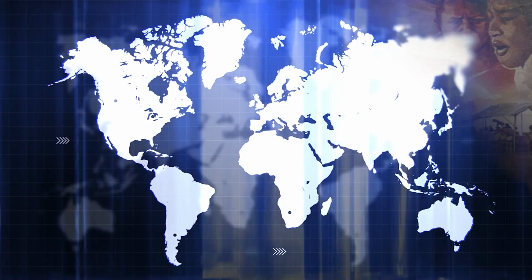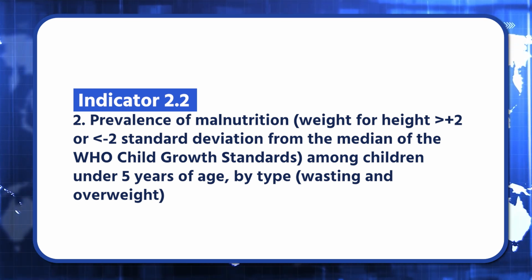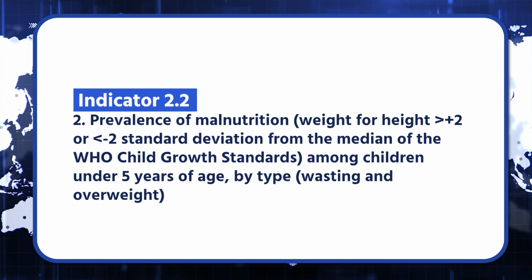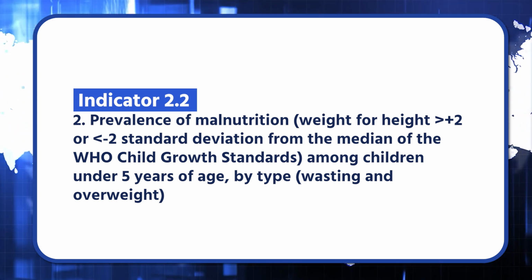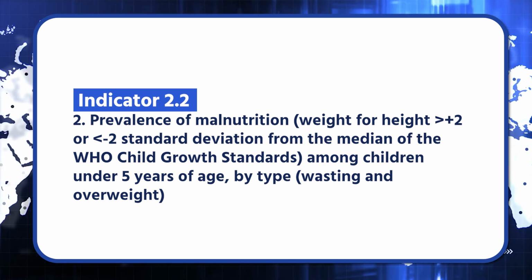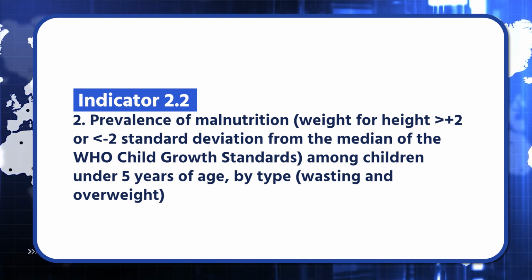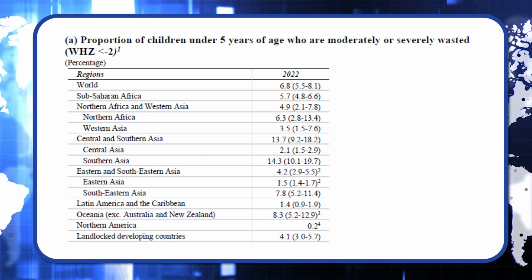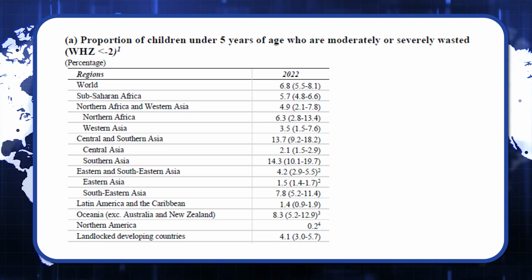In the same way, when we look into the second indicator, prevalence of malnutrition, that score should be between +2 and -2 standard deviations from the median of the WHO child growth standards among children under 5 years of age, by any type, maybe wasting and overweight. If you look at this figure, it is more than +2.